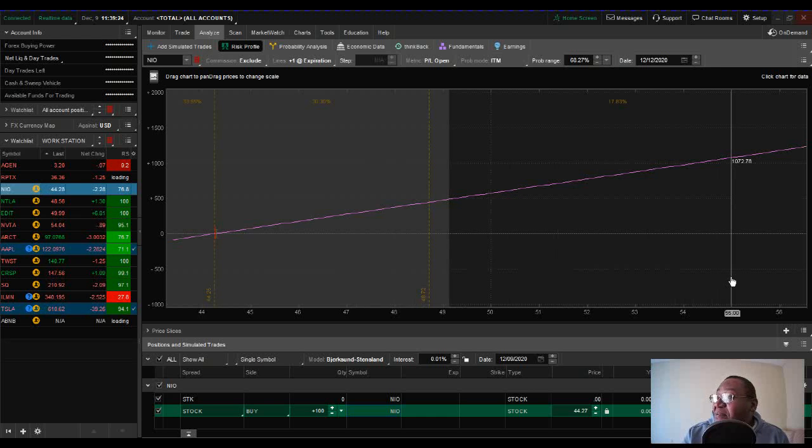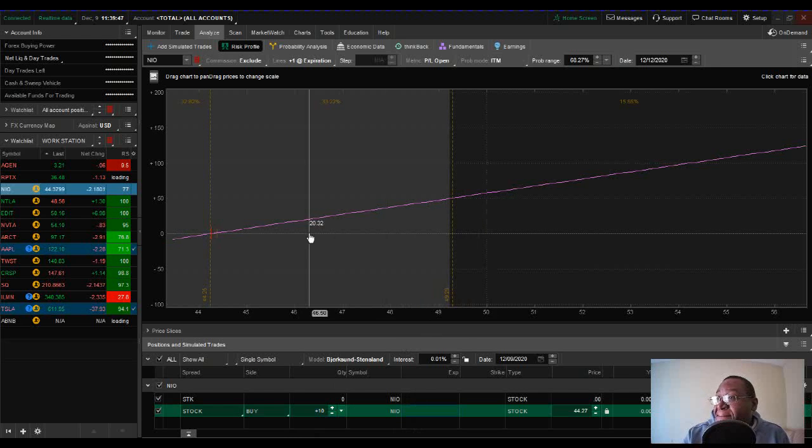And that would be over $1,000 if I bought 100 shares. But I'm not that comfortable with Neo, so I am gonna stick with the $10. So you can adjust this however you want, to get the money that you're looking for, right?